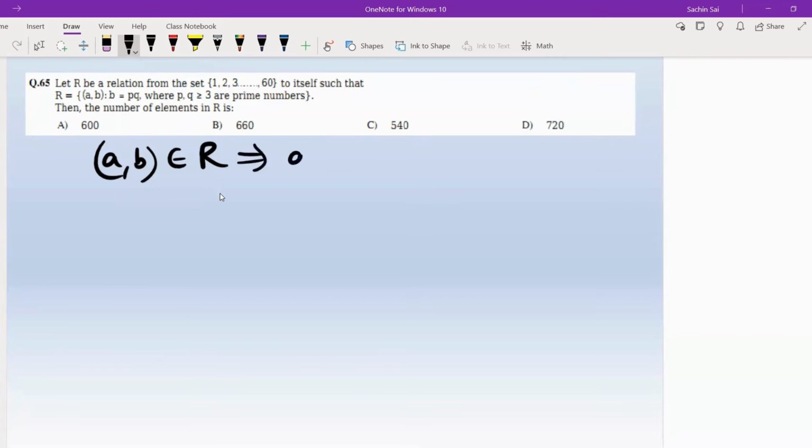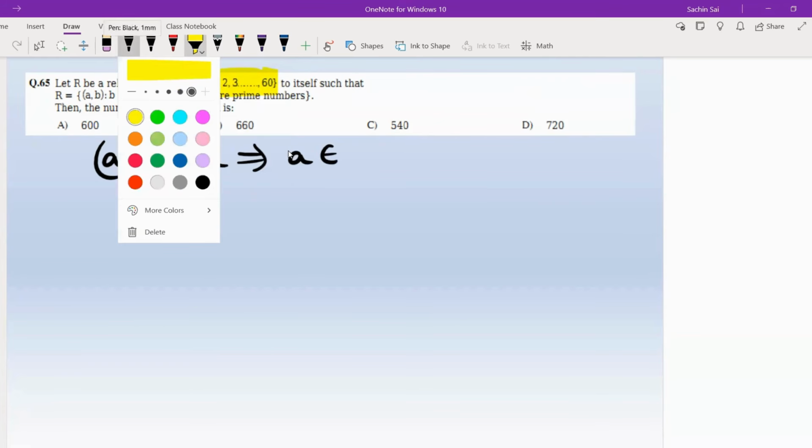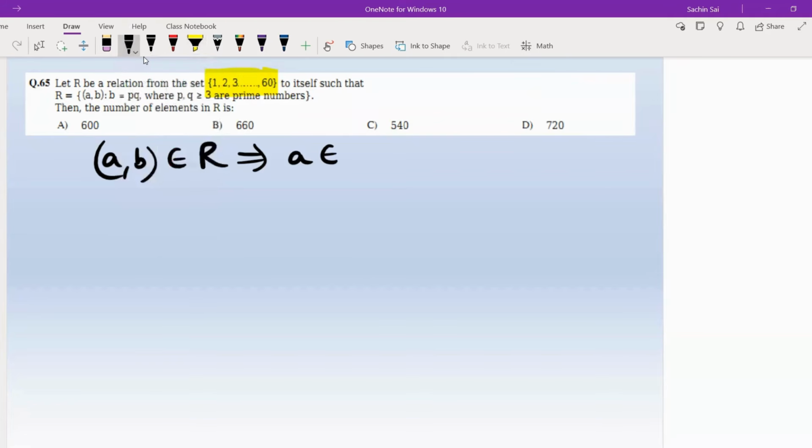It means that A should be from the given set itself. So let us call this set capital A. Also B belongs to A, but the given condition is B should be written as PQ.